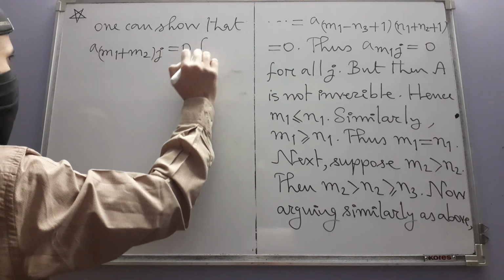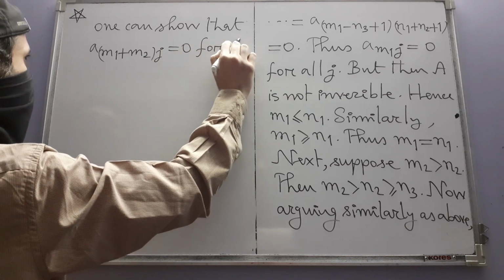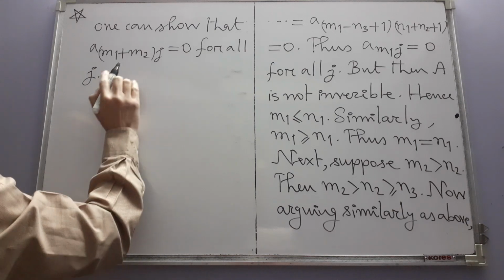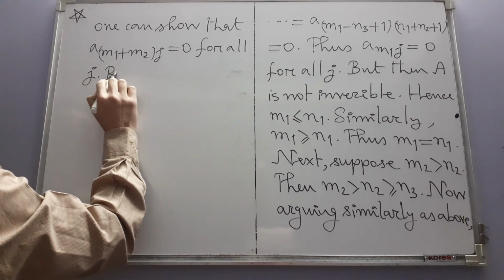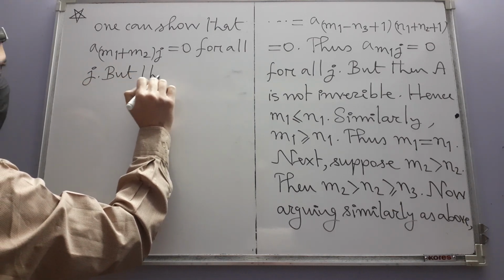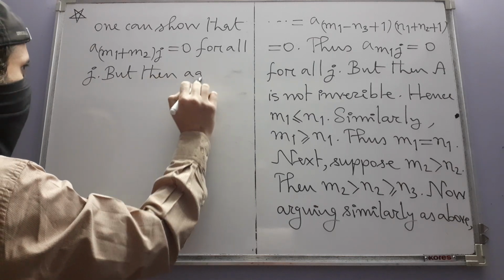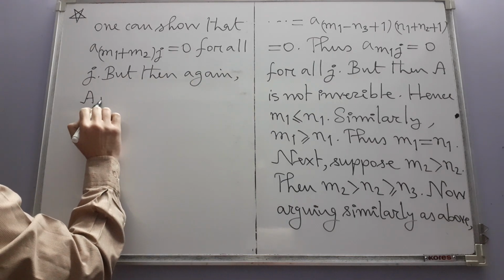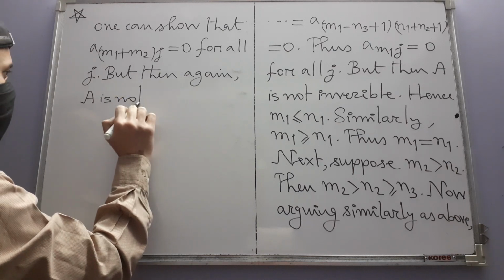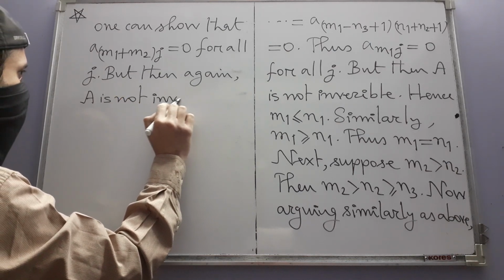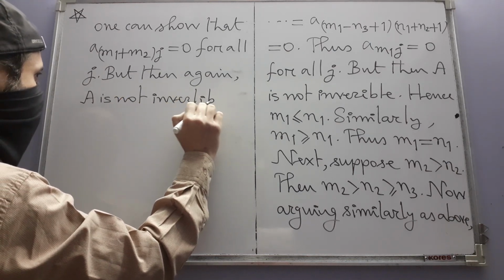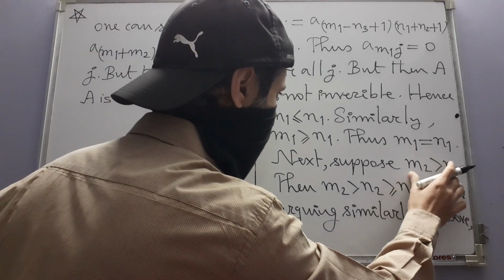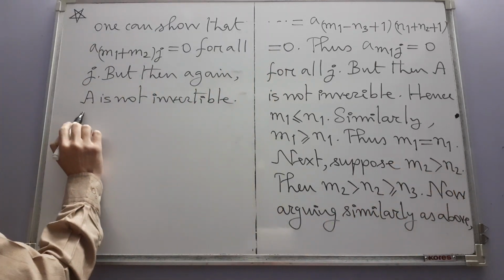A m1 plus m2 j is equal to 0 for all j. But then again, A is not invertible. So again a contradiction, so that means this supposition is also wrong.